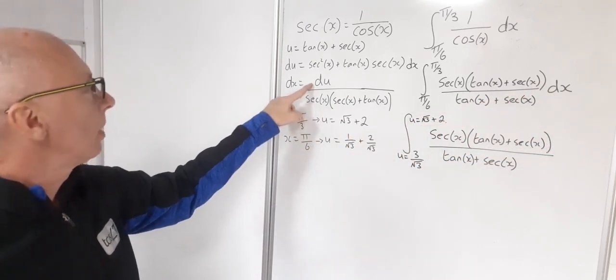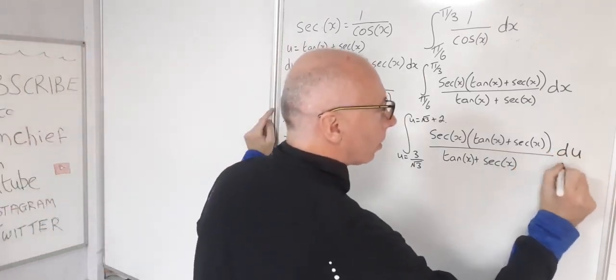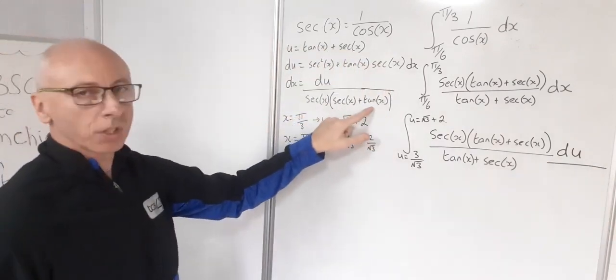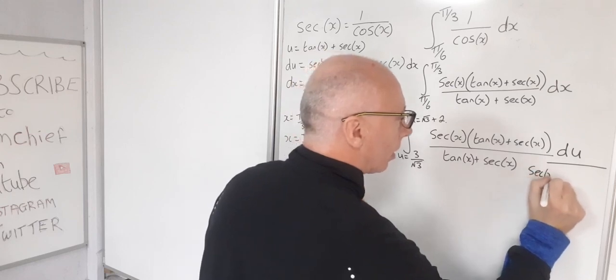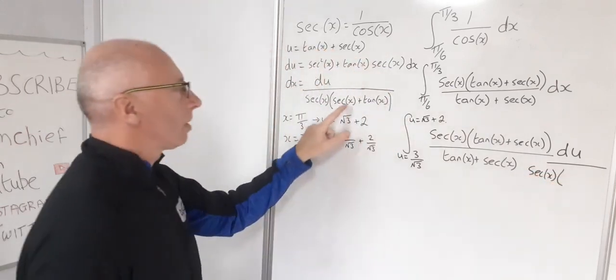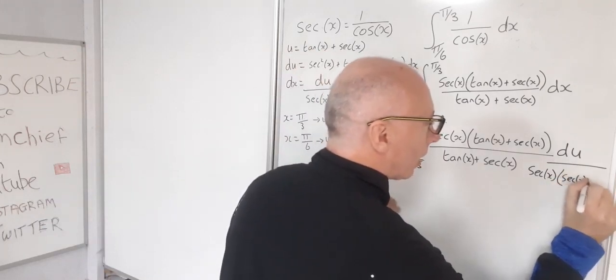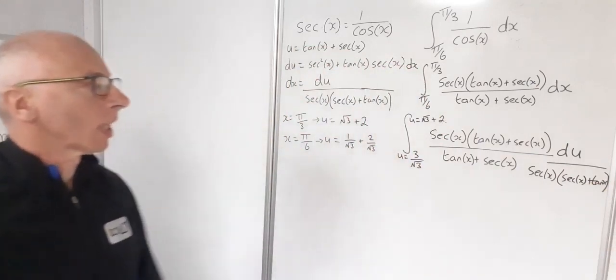This is my dx, so that is the same as du. And then I've got secant x times this function here, so secant x times secant x plus tangent x. Let's see if I can fit that in. I think we'll just get it in just like that.